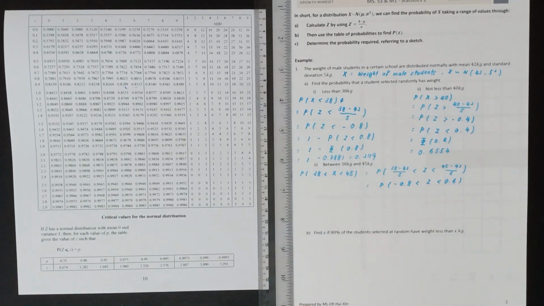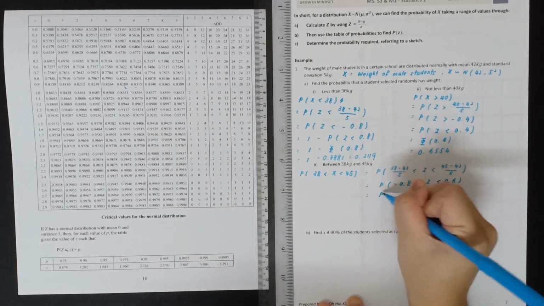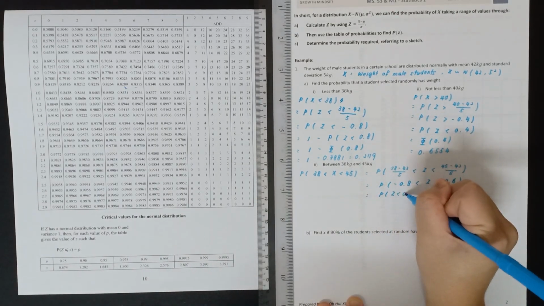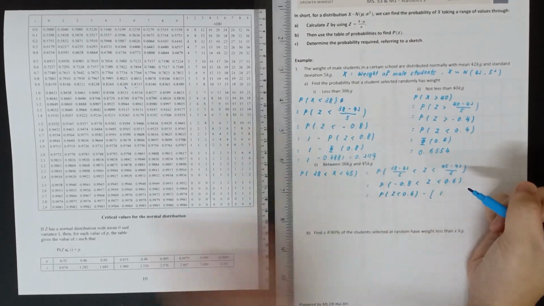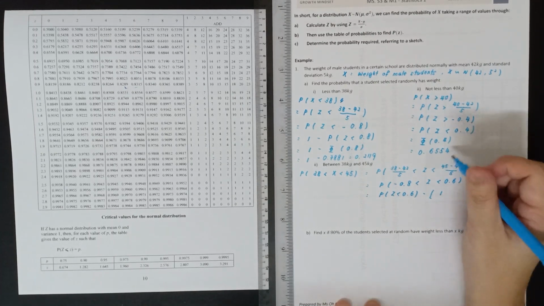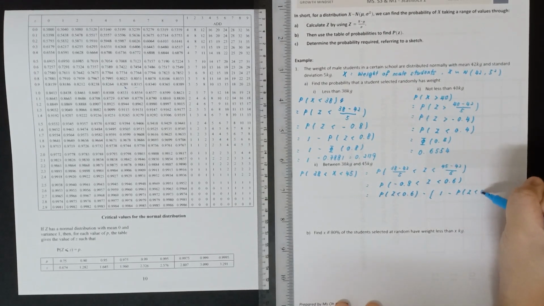By this step you should be able to do it, because it's the same thing that you learned in the previous lesson. To find this, you have the probability z less than 0.6, minus the one that is less than negative 0.8, which is 1 minus the probability z smaller than 0.8.